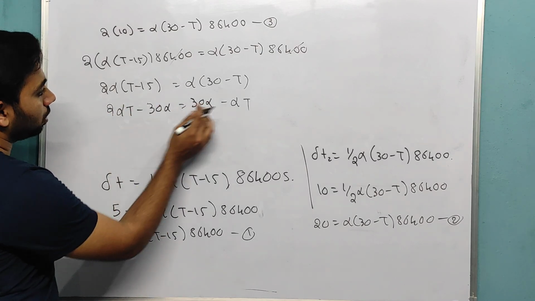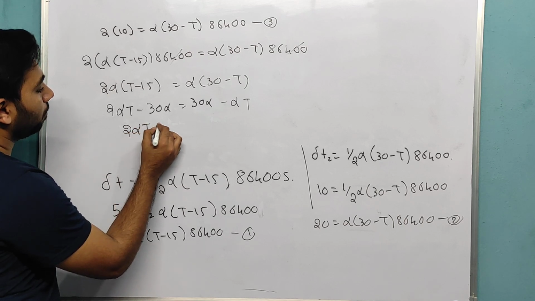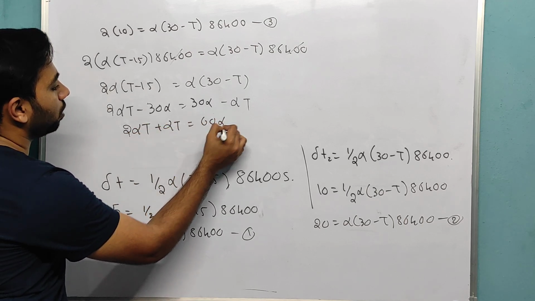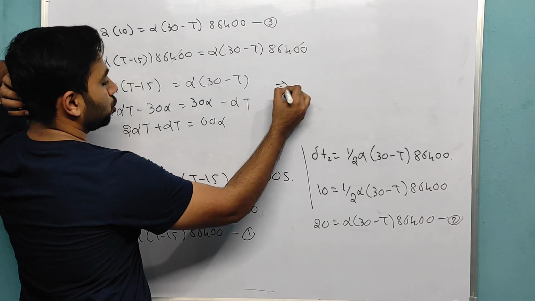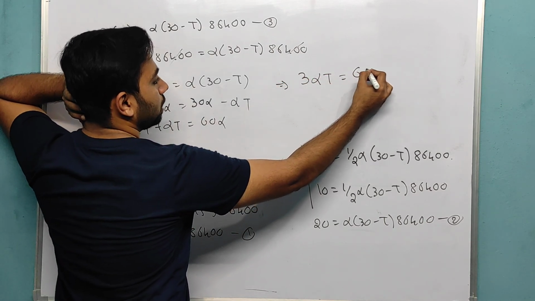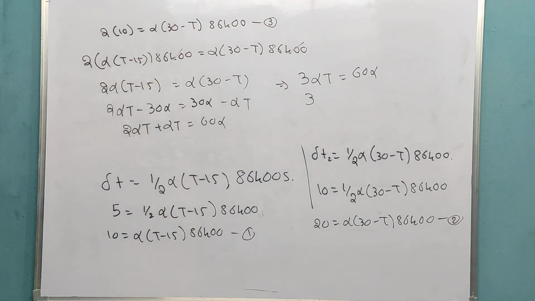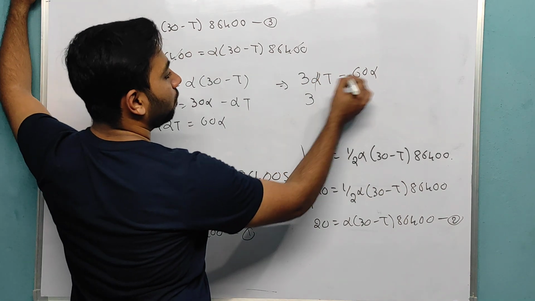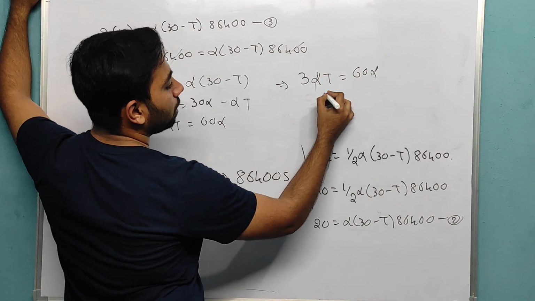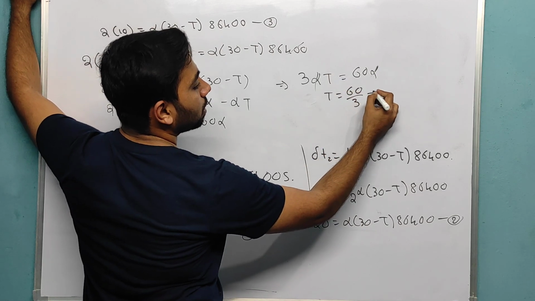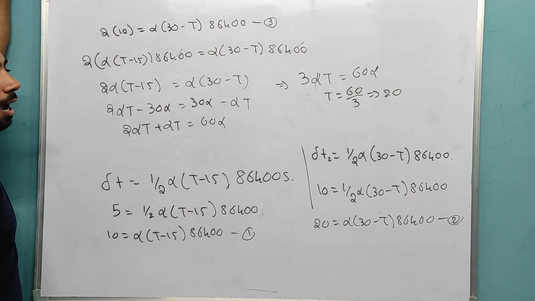Then 2αt plus αt is equal to 60α. So 3αt is equal to 60α. The α will cancel, right? Then I'll remain with t is equal to 60 divided by 3, which is 20. Okay, I find the temperature at 20 degrees.